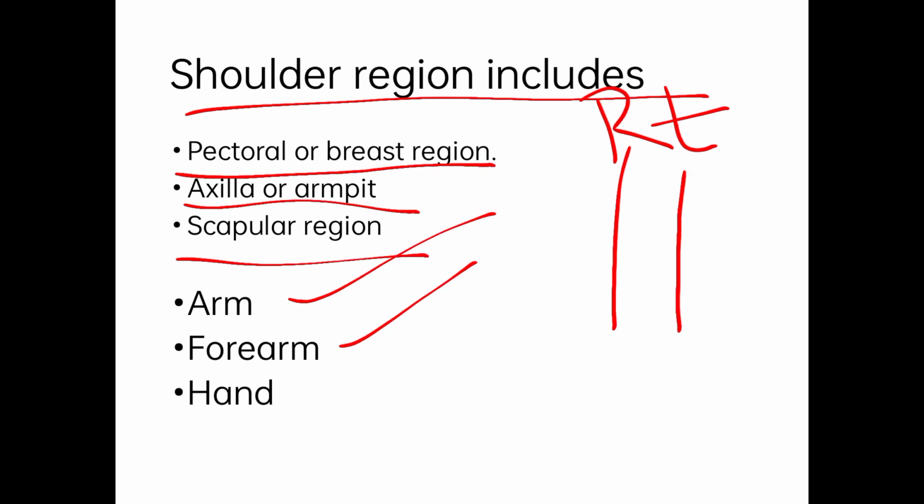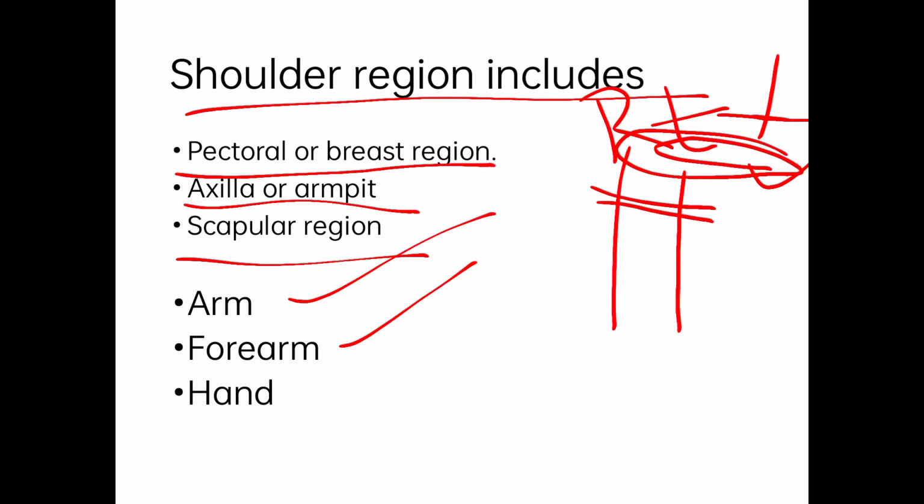Now at the upper end of the radius and ulnar and the lower end of the humerus articulates and forms elbow joint. Just imagine what I am saying.